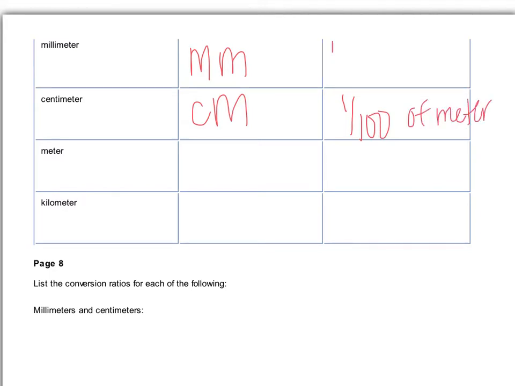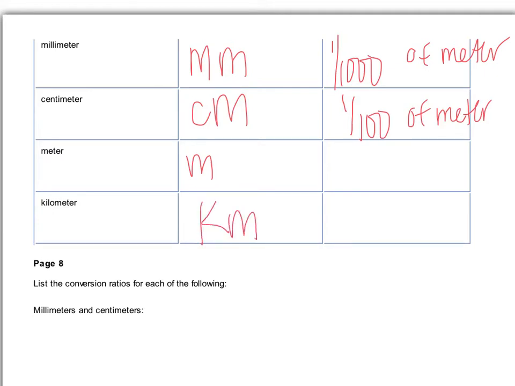A millimeter is 1/1000th of a meter, which means there are 1,000 millimeters in a meter. A meter is just abbreviated M, and meters are the standard measurement for the metric system, which is why it doesn't have a prefix like milli or centi or kilo. The last one is a kilometer, abbreviated km, and it is 1,000 meters.